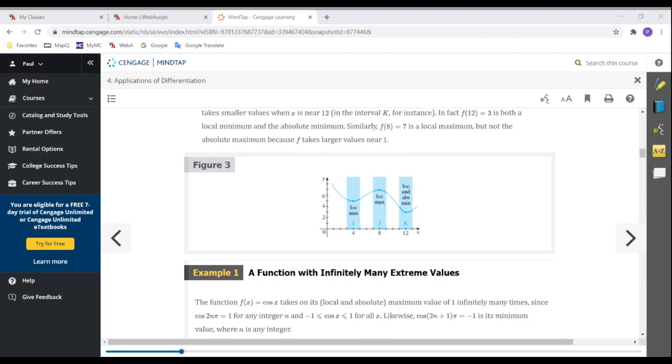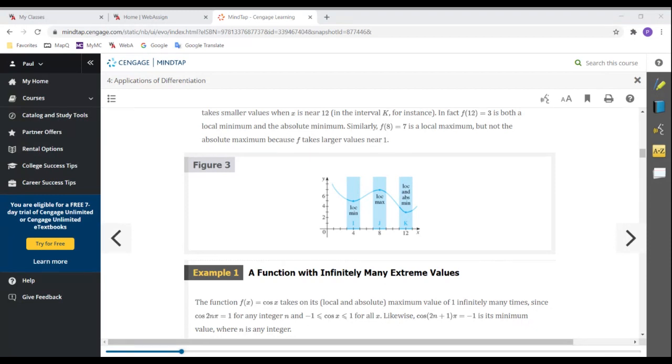What do you notice in figure 3 about the local min and local max? If you think about the function and tangent lines, at x equals 4, the local min, what's the slope of the tangent line to that function?